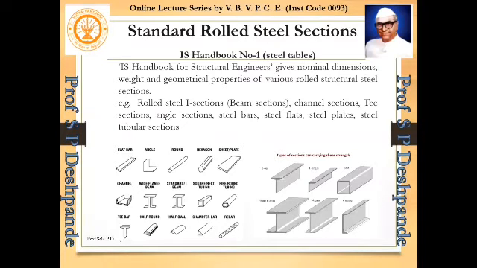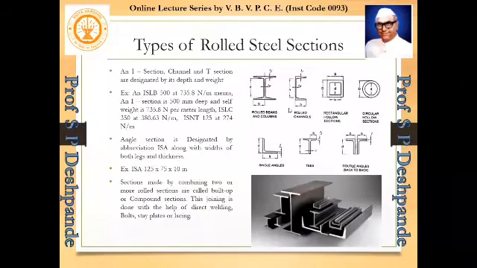Because it is rounded, it becomes difficult to calculate its geometrical parameters. So all these geometrical parameters are given in a particular book, and that book is called the IS handbook or IS handbook number 1, also called the steel table. Now in this steel table, these sections are defined in a particular way.